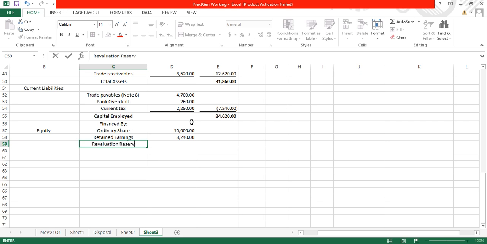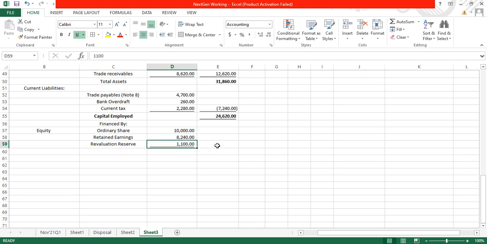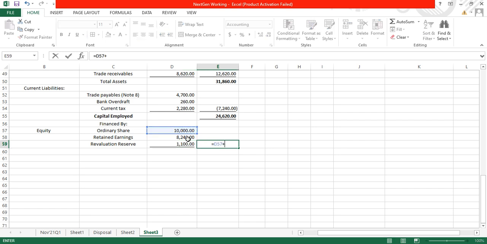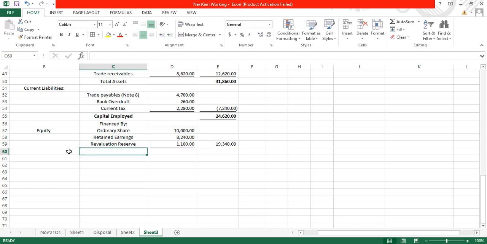Reserve. Revaluation reserve, how much? 1,100. Any other thing? That's all. So my total equity is 19,340.